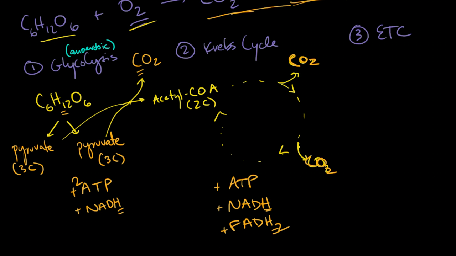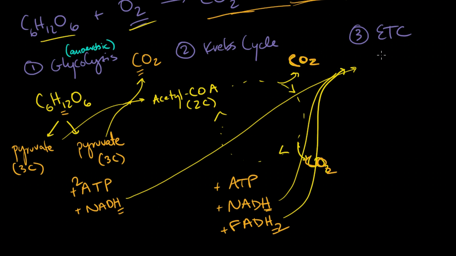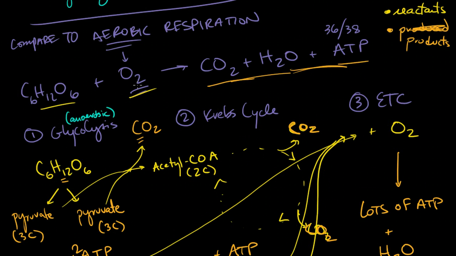That's the key, these will go into the electron transport chain and combine with oxygen, and they go through a series of reactions across the inner mitochondrial membrane, and out come lots of ATP and water. So we've accounted for oxygen as a reactant, glucose as a reactant, and carbon dioxide, water, and ATP as products.